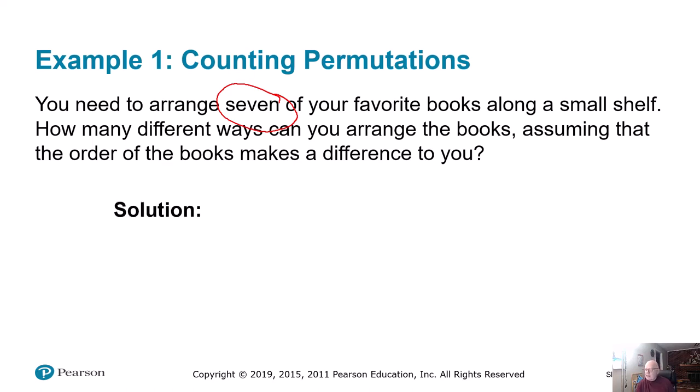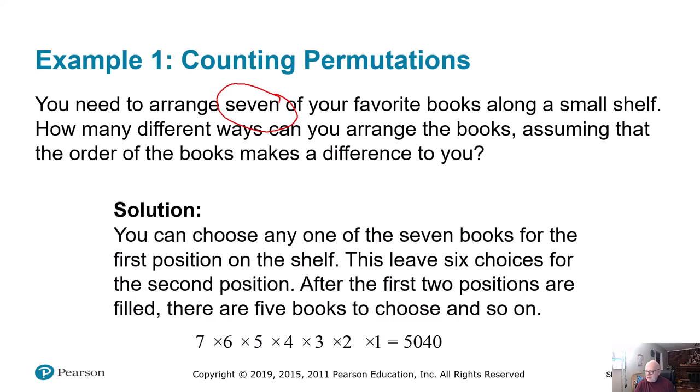Well, use that fundamental counting principle and we can solve it. You can choose any of the 7 books. So imagine putting those books on the shelf, and imagine someone's coming in the room. Here's the door. I'll do my best on this one. There's a door, but someone comes in the door and they're walking toward the bookcase.